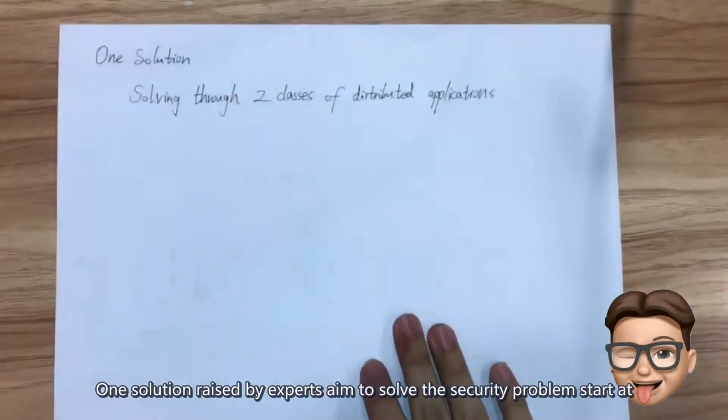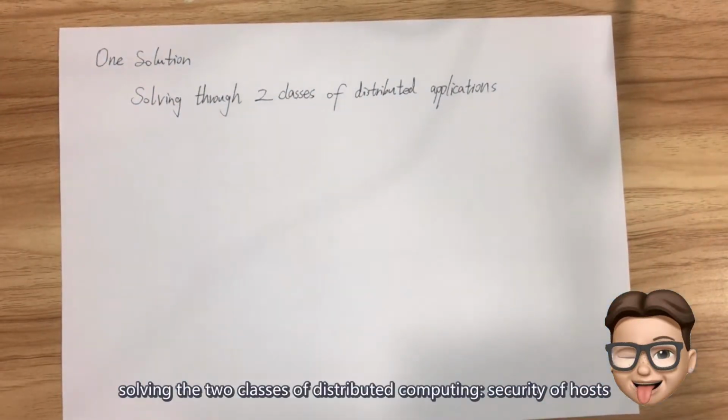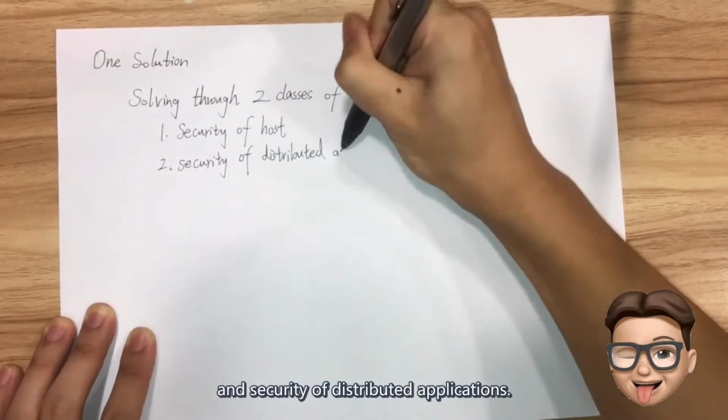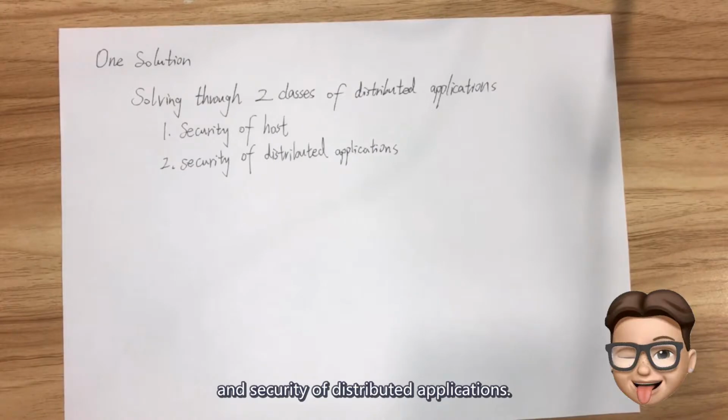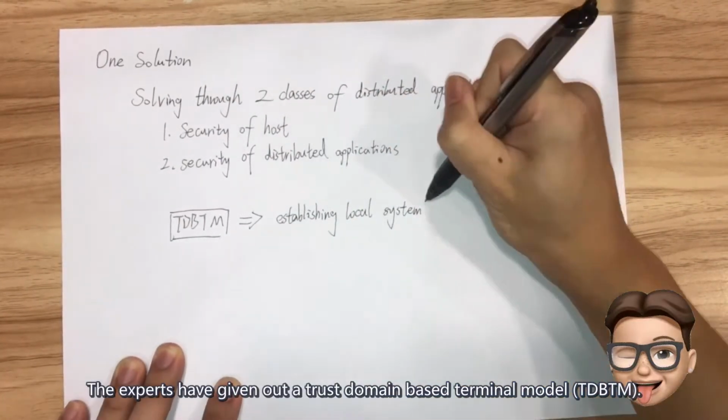One solution raised by experts aimed to solve the security problem started by addressing the 2 classes of distributed computing security: security of the host and security of distributed applications. The experts have given out the trust domain-based terminal model.